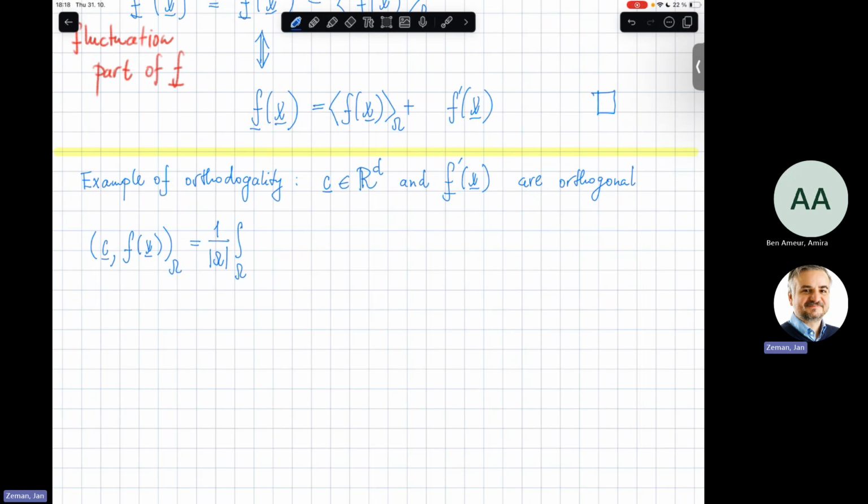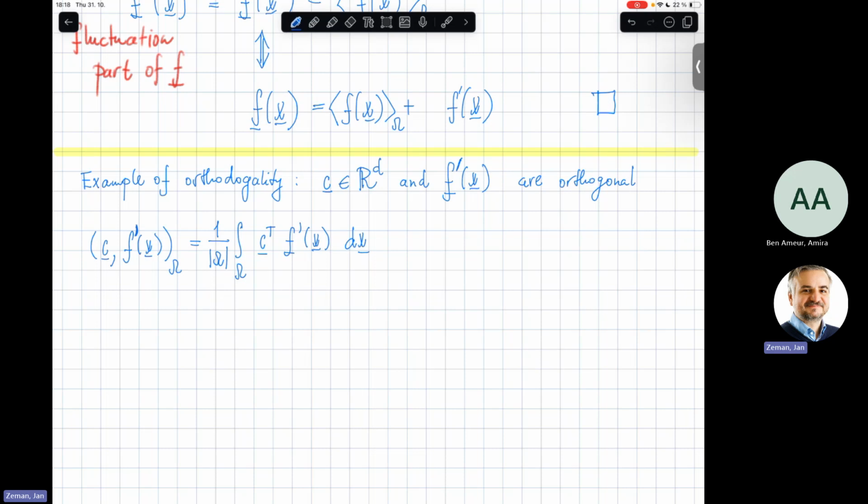The first argument will be this constant vector c, and it will multiply this f prime, where I would like to reiterate that this f prime is no longer a derivative, but this is the fluctuating part. You can use different symbols. I experimented with a bunch of those, but eventually it turned out that this is the one which is most appropriate. So this is what I will have: my f fluctuation as a function of x, dx.